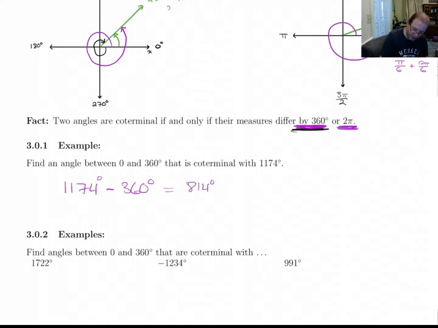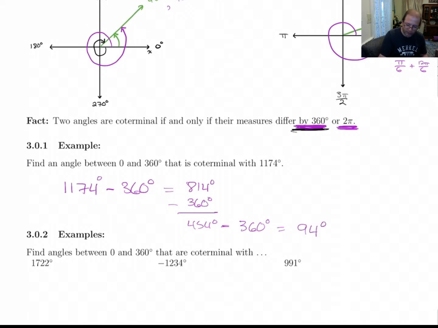And then I'm going to subtract another 360. I get 454. And if I do 454 minus 360 again, I get 94. So 94 is the angle that's coterminal with the 1174 and is between 0 and 360.